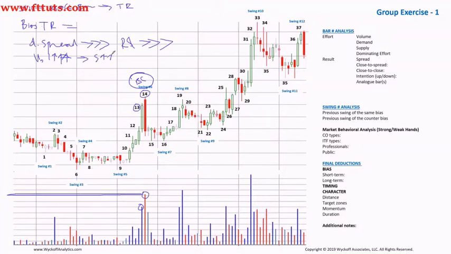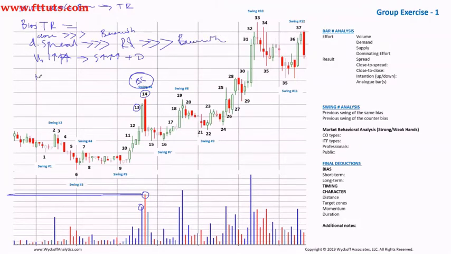So that suggests a tremendous increase of the supply. We're going to come back to the demand in a second. We usually talk about the spread, and we usually talk about the close. The close is also very bearish. So this is bearish, this is bearish.